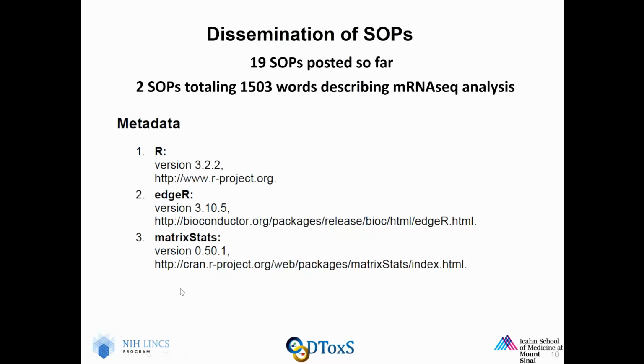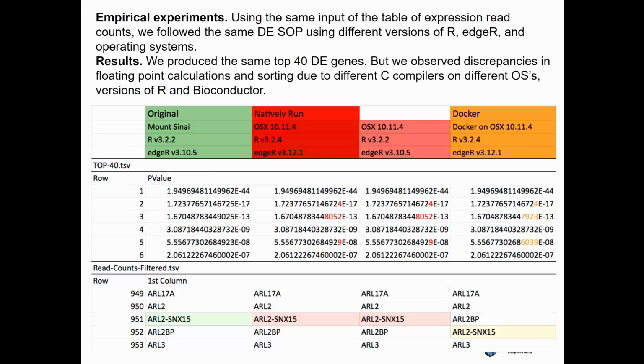Now, is this enough? So we tried this. Actually, we had a student, Trevor Meiss, who took a counts file and then fed it through the script that actually determined the differentially expressed genes, and he ran them on different platforms, and they actually all run.